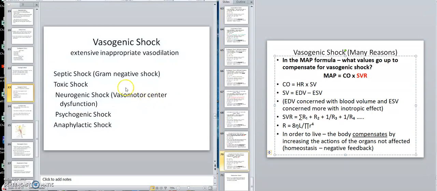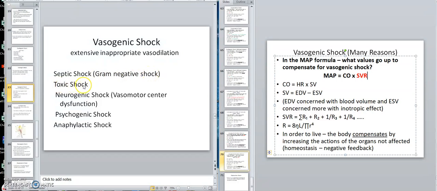Okay? With any of these, let's say with septic shock, these gram negative infections, you may have such an outpouring from the nervous system and the endocrine system that it may counteract some of that endotoxin.